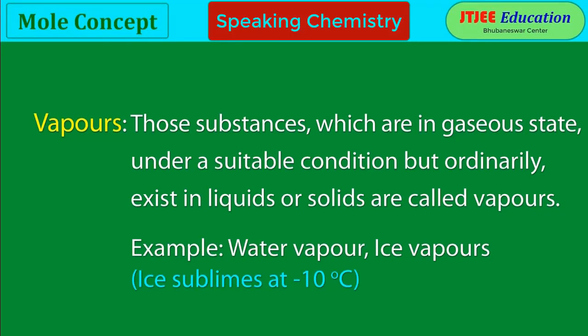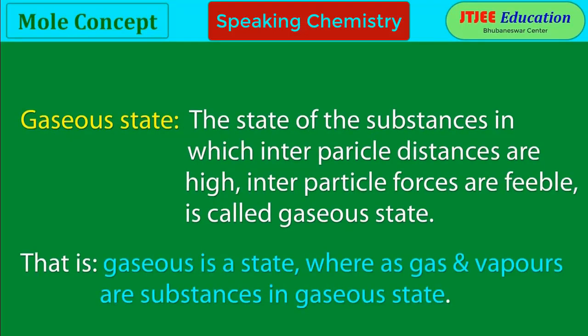Example, water vapor, ice vapors, ice sublimes at -10 degrees Celsius. Gaseous state: the state of substances in which interparticle distances are high and interparticle forces are feeble. That is, gaseous is a state, whereas gas and vapors are substances in the gaseous state.